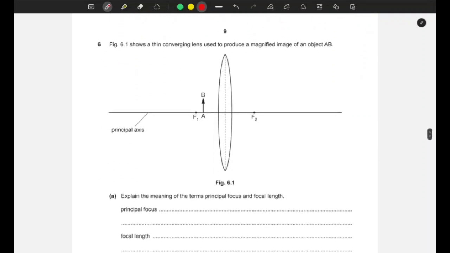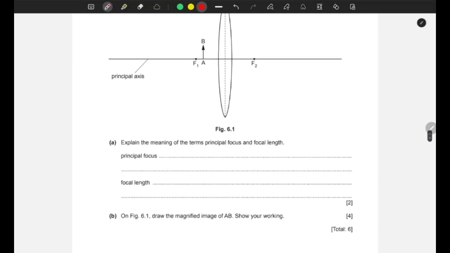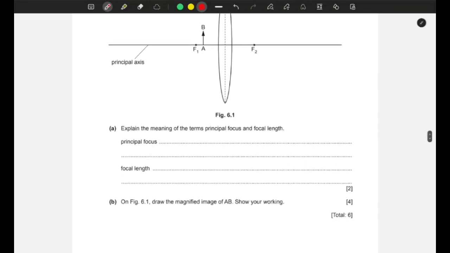Part 6. Figure 6.1 shows a thin converging lens used to produce a magnified image of an object AB. A. Explain the meaning of the terms principal focus and focal length.